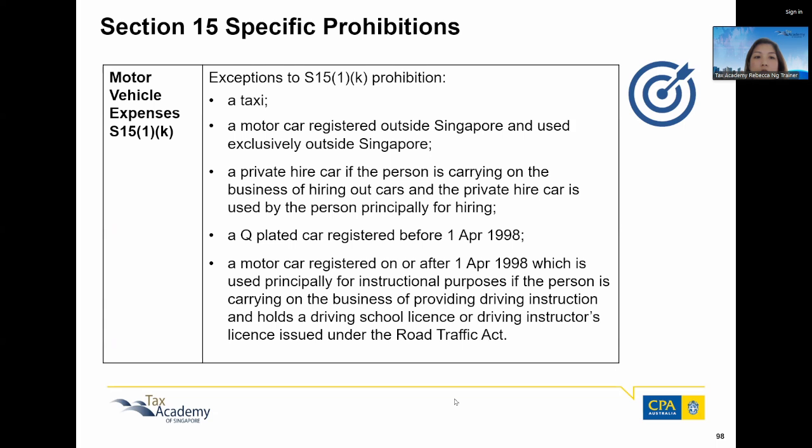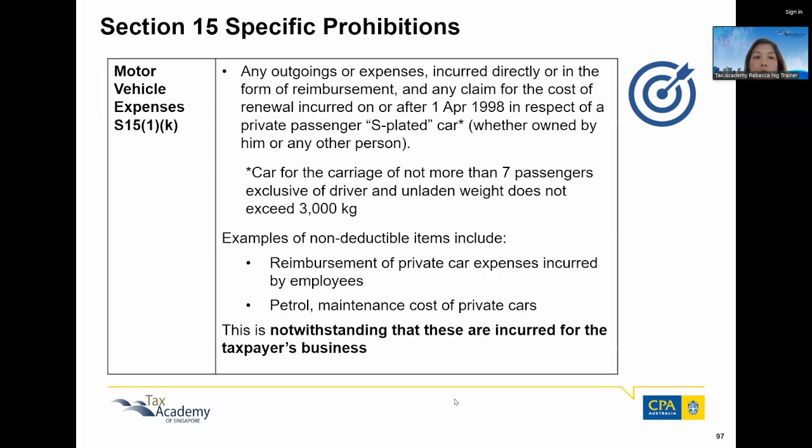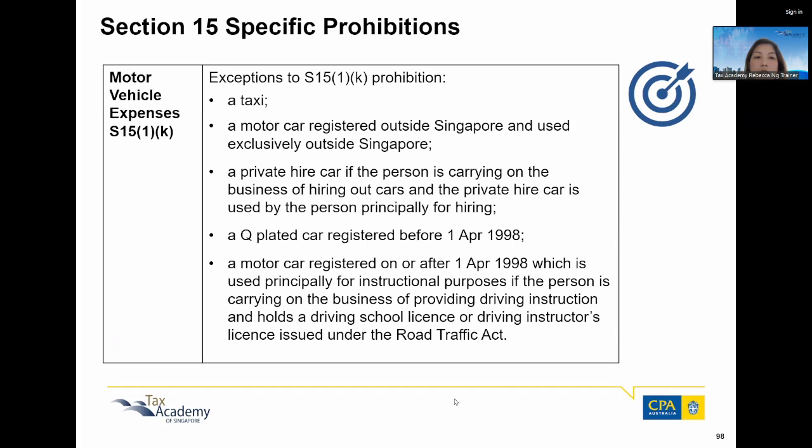So exceptions to Section 15(1)(k). Just now in 15(1)(k), we talked about what is not deductible. Okay, so these exceptions mean what is deductible. So not all motor vehicle expenses are non-deductible. Taxi fares are deductible. Motor vehicle expenses incurred for a motor car registered outside Singapore, used exclusively outside Singapore, are deductible.